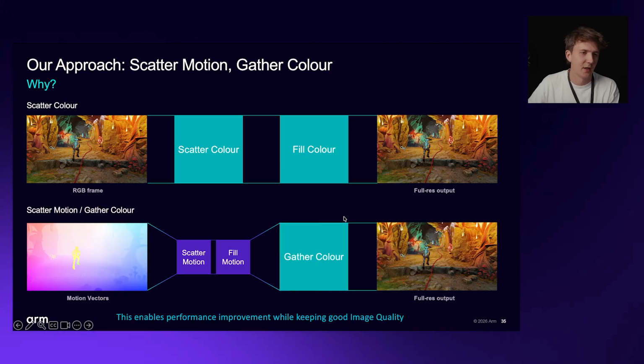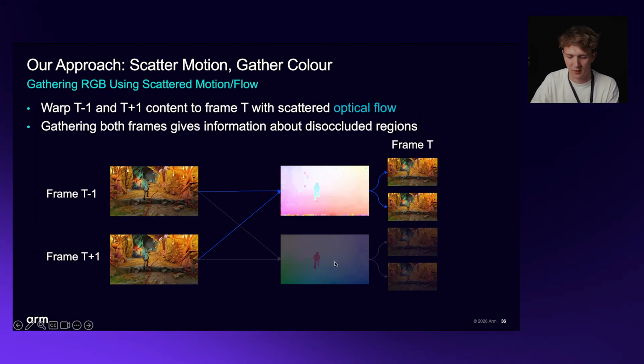However, with the scatter-gather approach, we scatter the motion at a reduced resolution compared to RGB, and then we gather the color later at a higher resolution. This allows us to decouple the scatter resolution from the output resolution, and that means we can have a quite nice performance improvement without a drop in image quality, as we're still gathering the correct color.